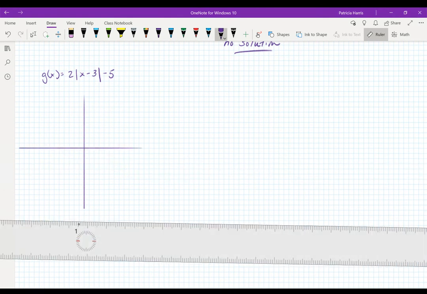So let's see, I would have a minimum, I would have a slope of 2, and my vertex would be at 3, -5.